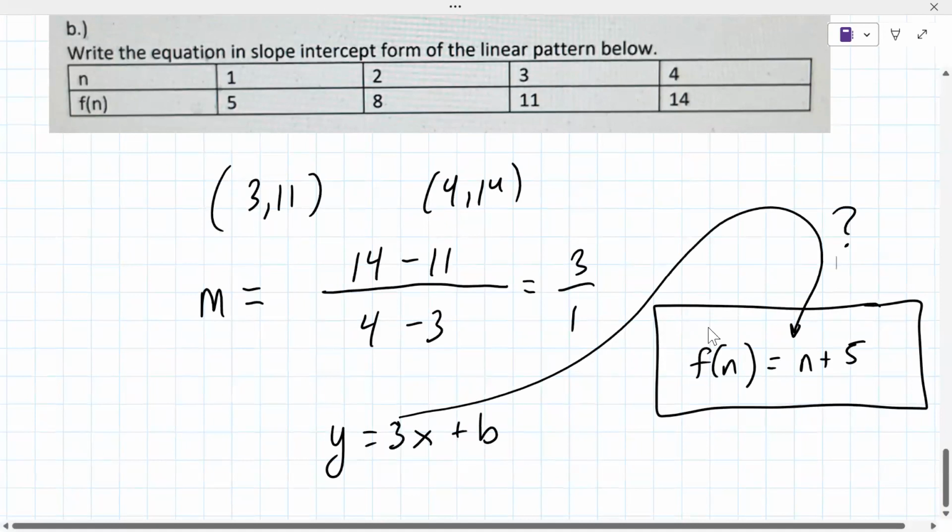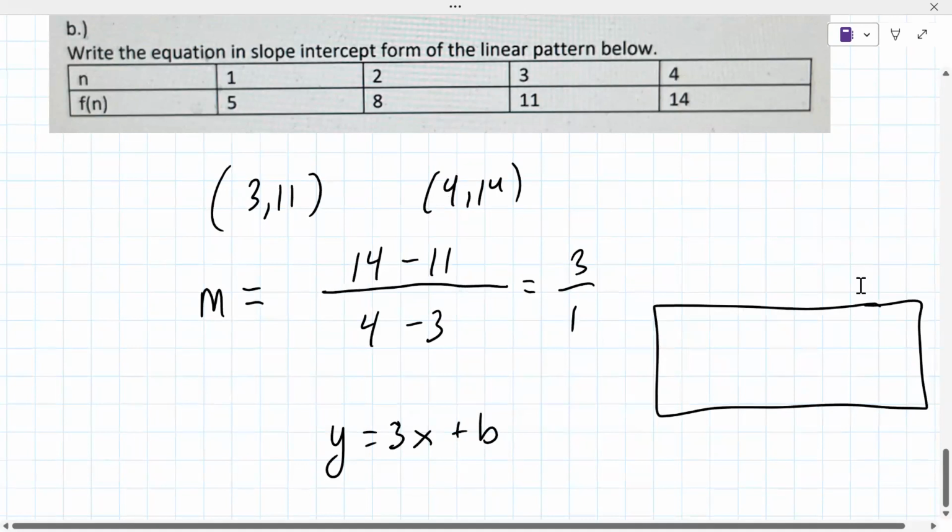So let's continue. Or let's have you reset here actually. Using one of these ordered pairs, I want you to solve for b. So either 3, 11 for x and y or 4, 14 for x and y.